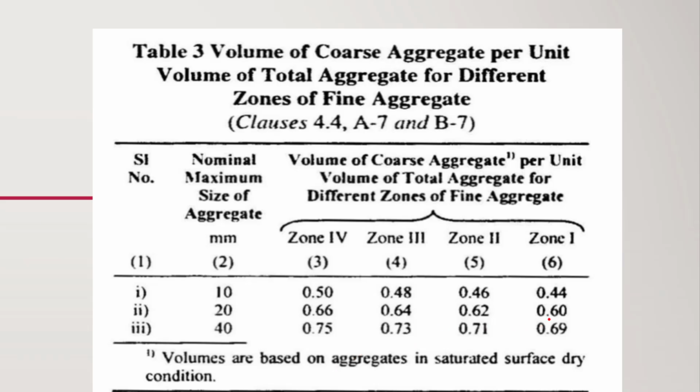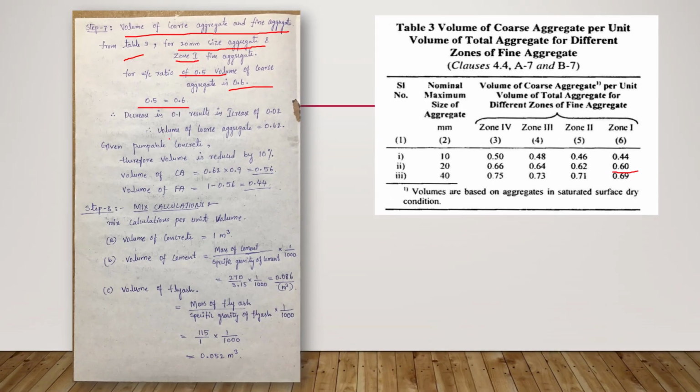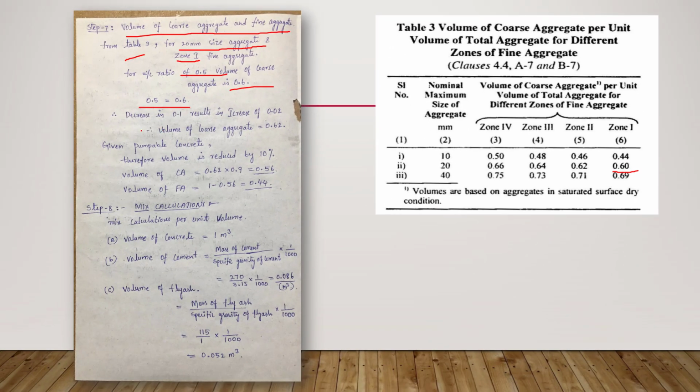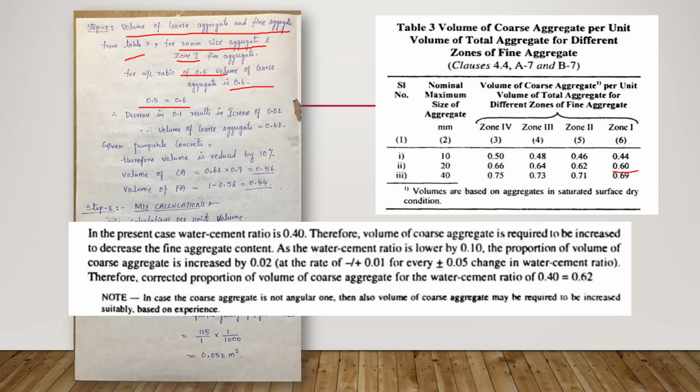You can see here, okay, 0.6. We also have a condition: a decrease of 0.1 of water cement ratio results in an increase of 0.02 in volume of aggregates. So the increased volume of coarse aggregate is 0.62.